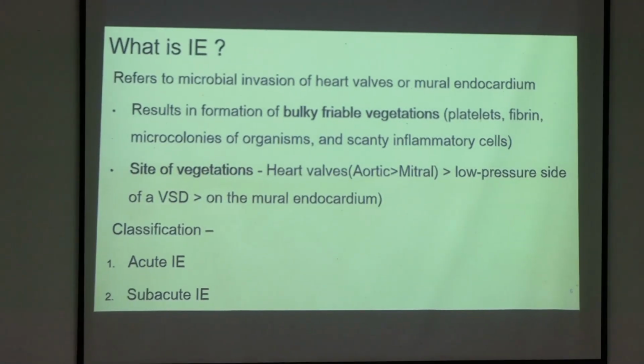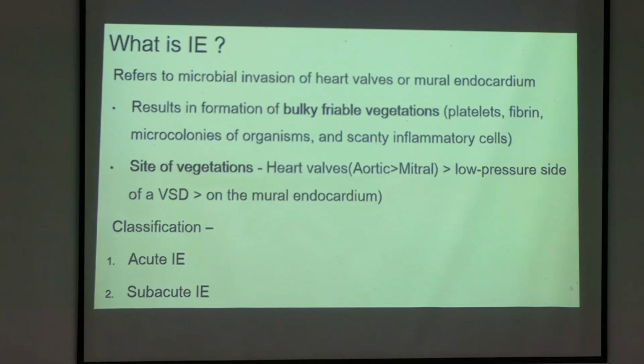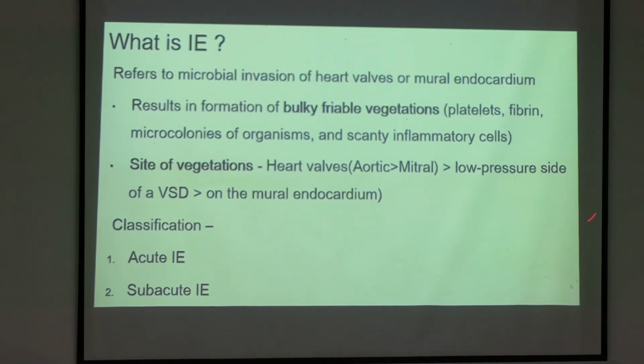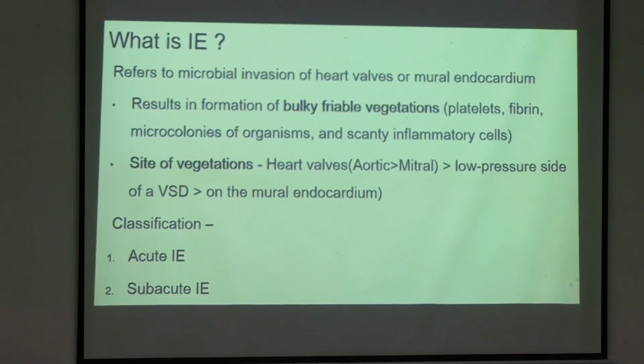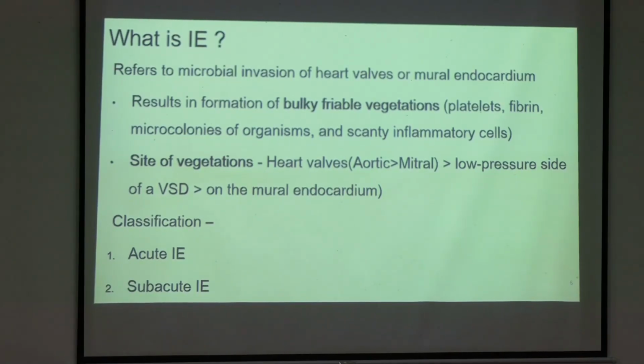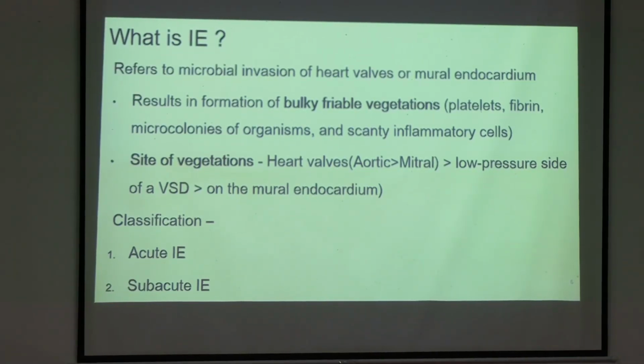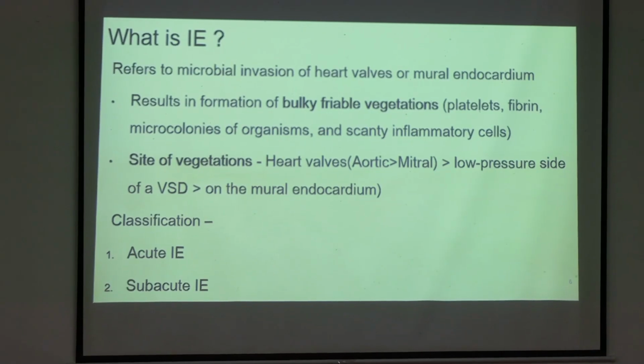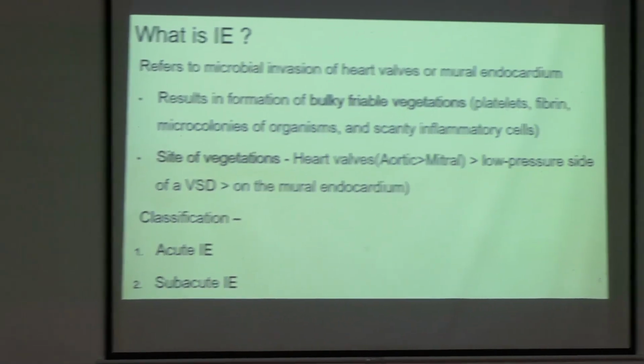So the most common site of these vegetations is your heart valves. Then you have the lower pressure side of a VSD or the mural endocardium. Now why the heart valves? Why not other spaces generally? Physiology. Any idea why the heart valve is involved?